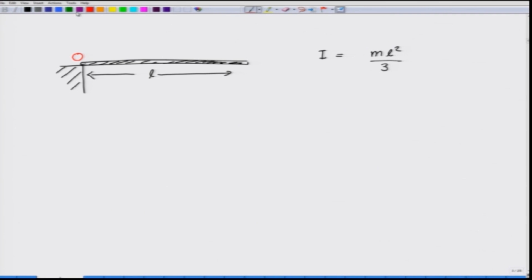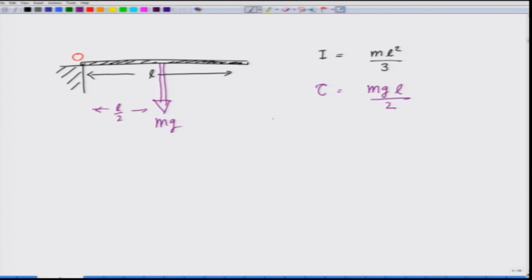Therefore, if the rod is uniform, it is experiencing a force mg at its center of mass, which is at a distance L by 2 from the edge, and therefore the torque on this is going to be mgL over 2.